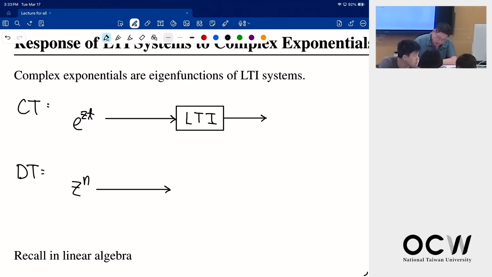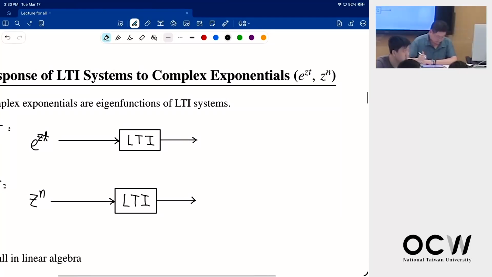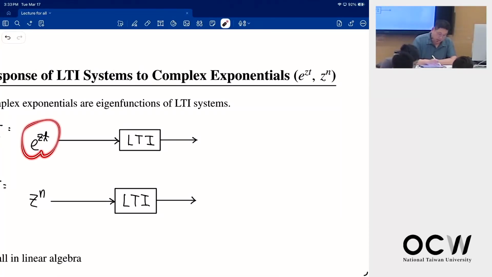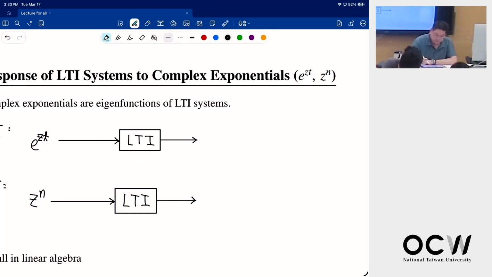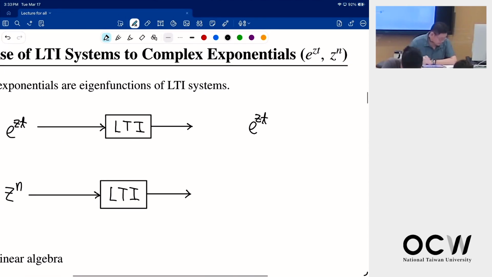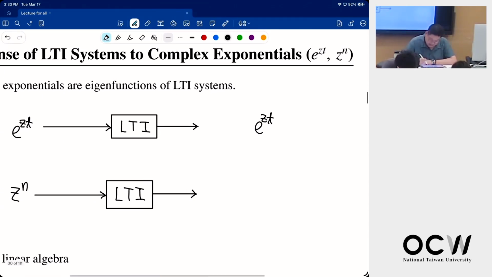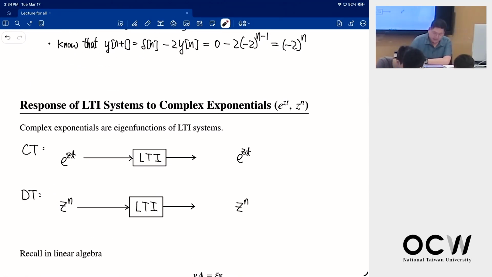If I send it to the LTI system, what's the output? My input is exponential. I expect that the output should also be complex exponential. So here we have e to the zt, and for the discrete case, z to the n. This is your output, but it can't be exactly the same.